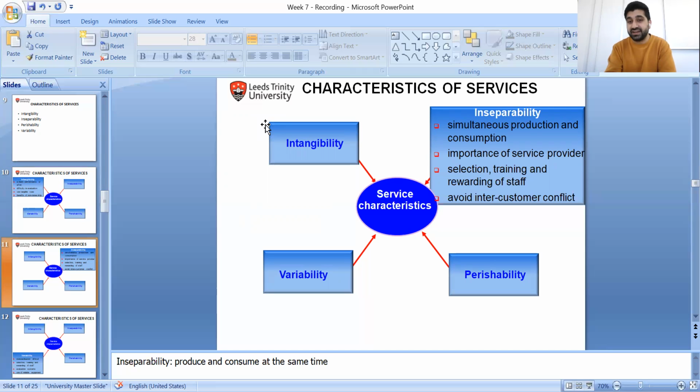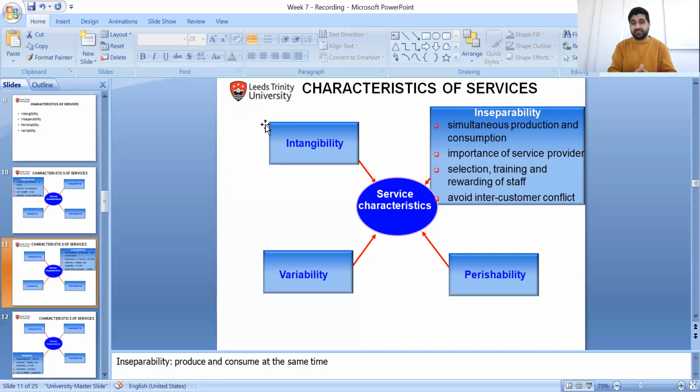Selection, training, and reward of staff. During selection, training, or rewarding of staff, we cannot divide them into different pieces, because service is a complete thing. Training is a complete thing. Selection is a complete whole that we cannot divide.